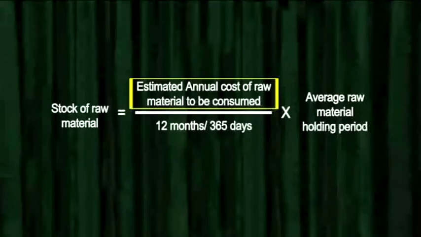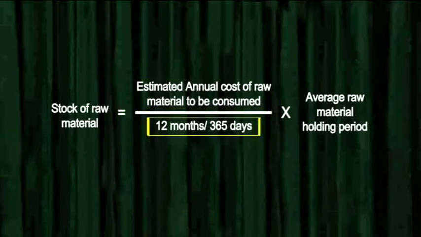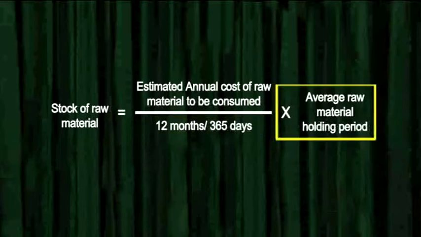So let us see the computation of raw material. See this formula on the screen. Estimated annual cost of raw material to be consumed, divided by either 12 months or 365 days, then multiplied by average raw material holding period.